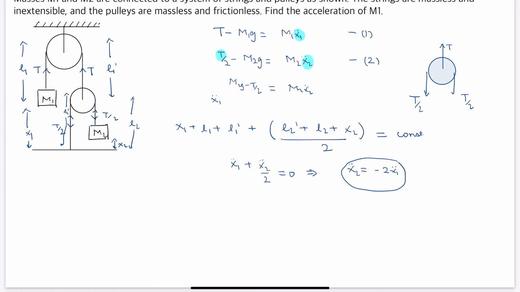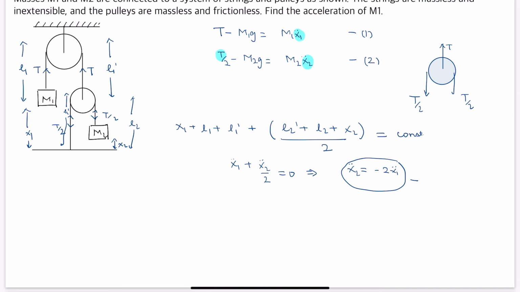Most people usually write it like this, but I'm not writing it like this because I'm not planning to get the direction of acceleration from this equation. It really doesn't matter how I write it, because from this relation I came to know that the directions of motion of m1 and m2 are opposite. So once I put this value here, I will get my answer correctly. It really doesn't matter how you write an equation, it's just a negative sign.